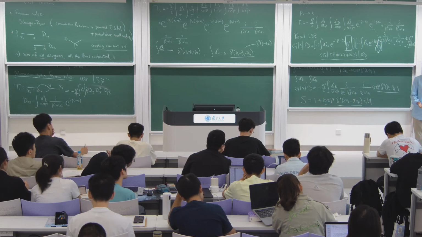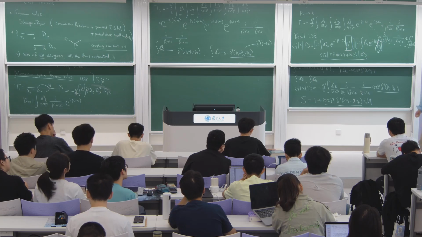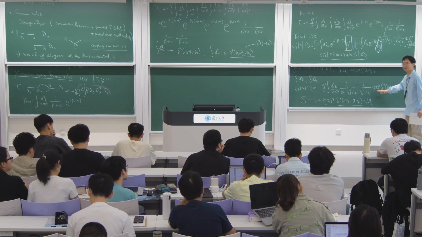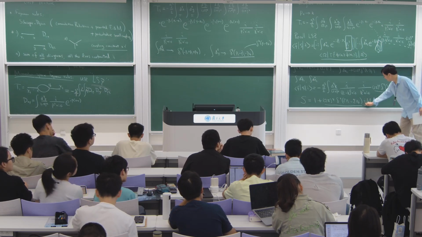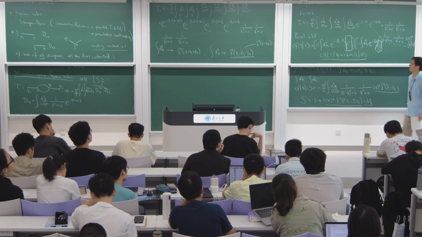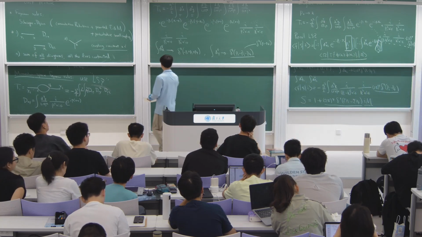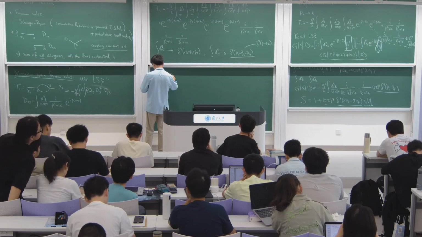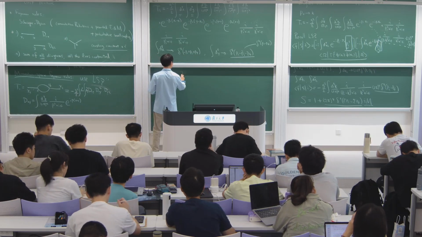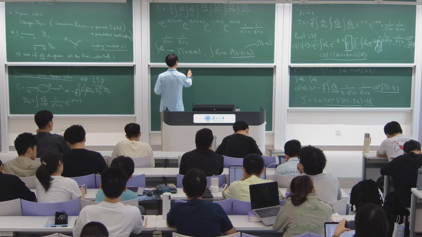Identity is the free part. So from this result, we can also read off IM. So in this case, IM is minus g squared over 2.